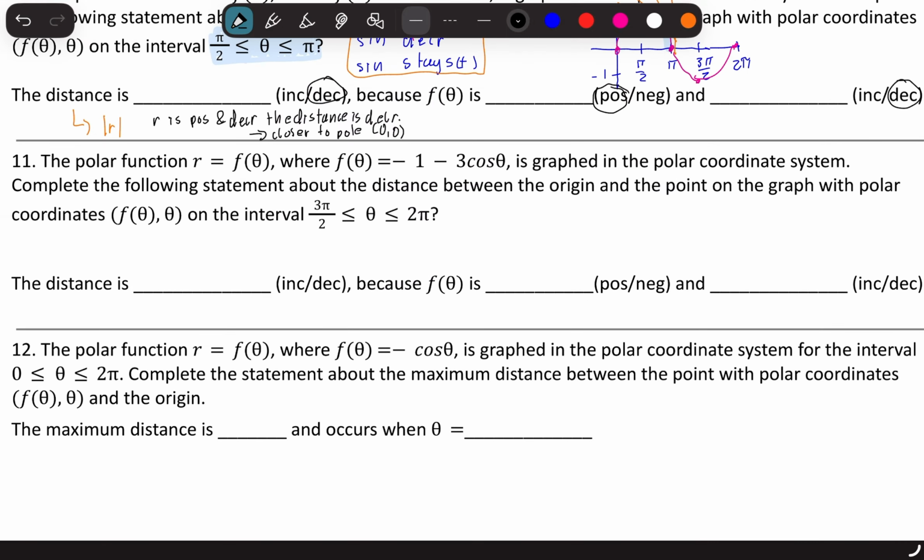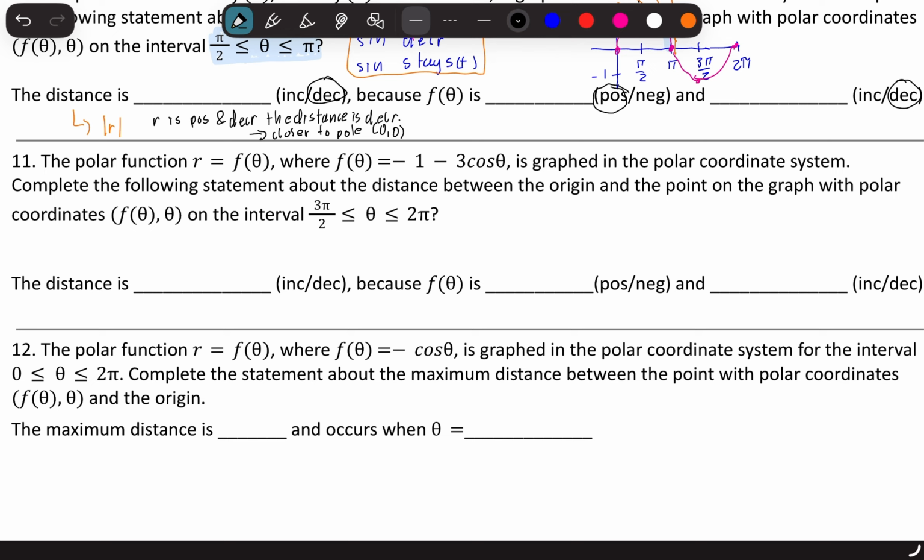The polar function r is equal to f of theta, where f of theta is equal to -1 - 3 cosine theta, is graphed in the polar coordinate system. Complete the following statement about the distance between the origin and the point on the graph with polar coordinates f of theta, theta on the interval 3 pi over 2 is less than or equal to theta is less than or equal to 2 pi.